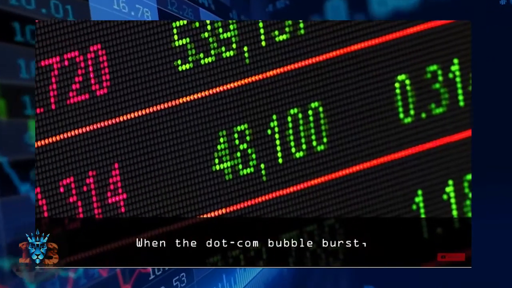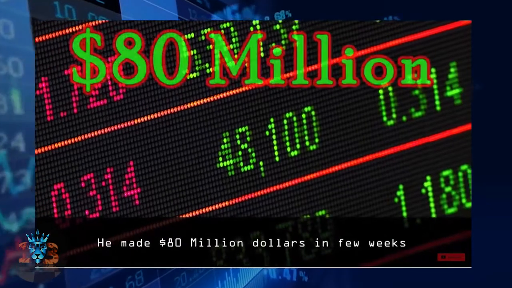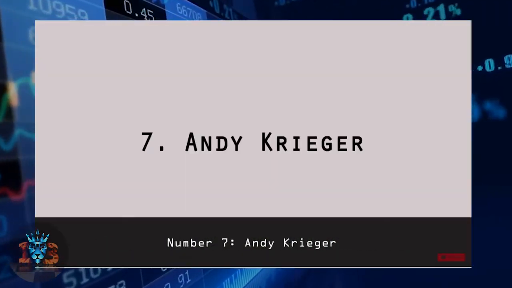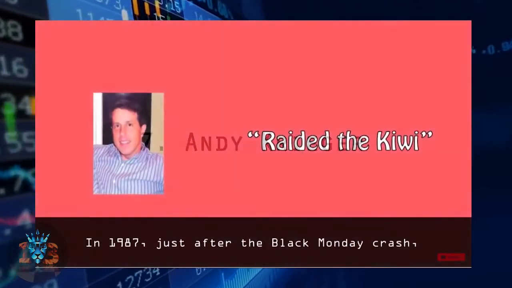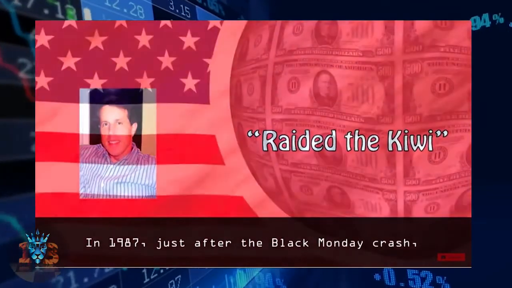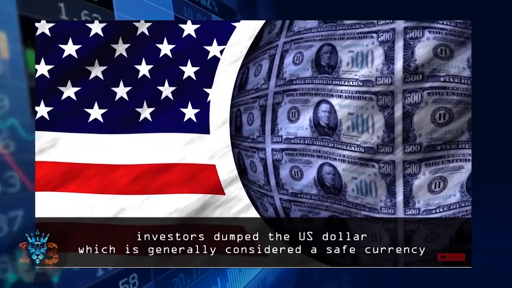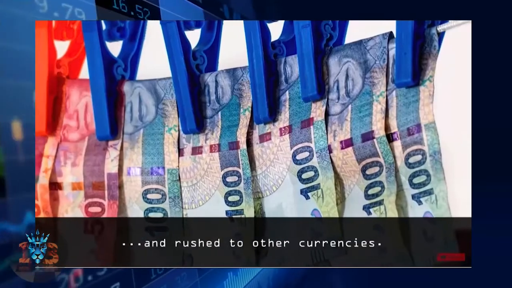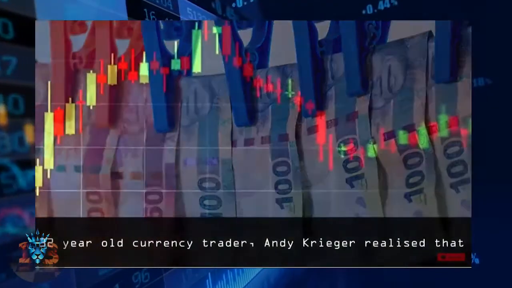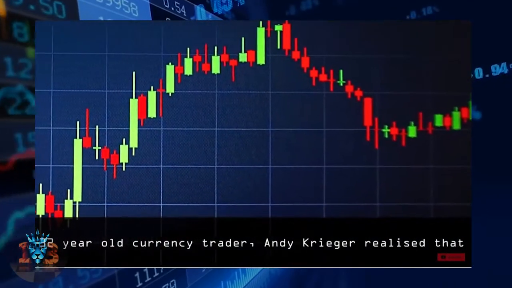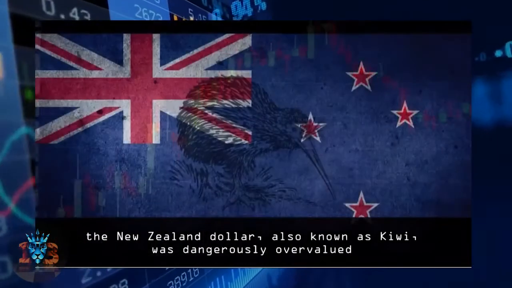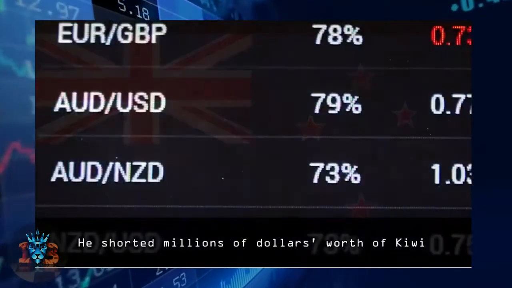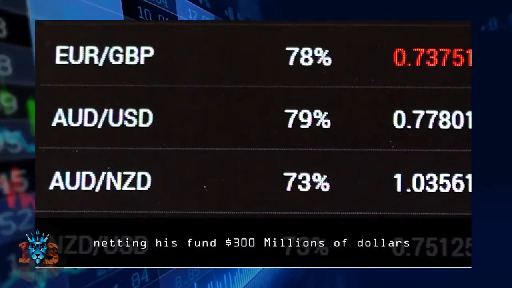When the dot-com bubble burst, he made $80 million in a few weeks. Number 7. Andy Krieger. In 1987, just after the Black Monday crash, investors dumped the US dollar, which is generally considered a safe currency, and rushed to other currencies. 32-year-old currency trader Andy Krieger realized that the New Zealand dollar, also known as Kiwi, was dangerously overvalued. He shorted millions of dollars worth of Kiwi, netting his fund $300 million.